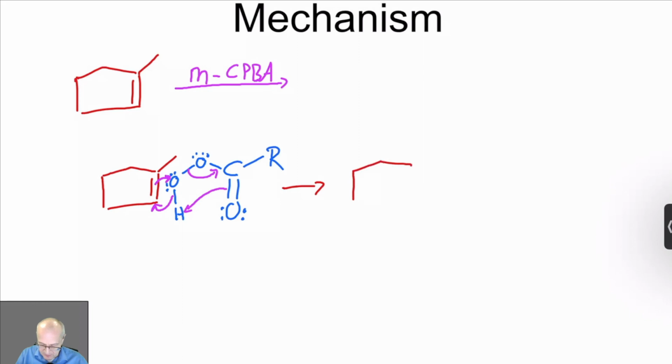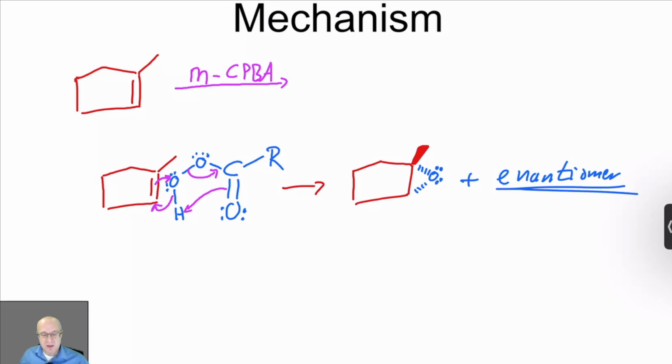So you're going to get this plus the enantiomer. Okay, so that's what happens. It's 50-50, so you can either get all top or all bottom. So these bonds can either be dashes or they can be wedges, but they can't be both.